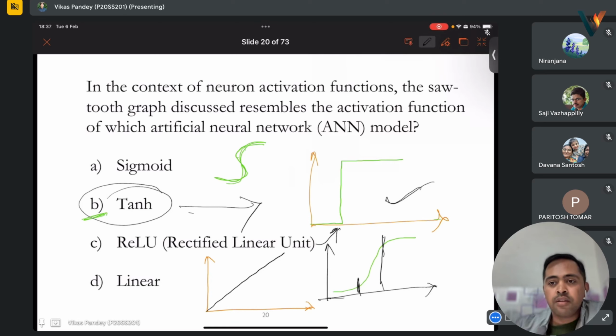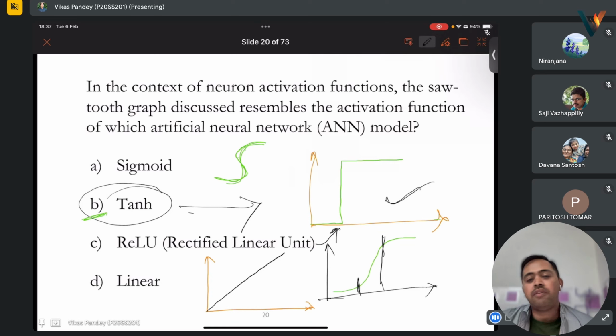It resembles most closely tan H, but the perfect resemblance is the rectified linear unit.